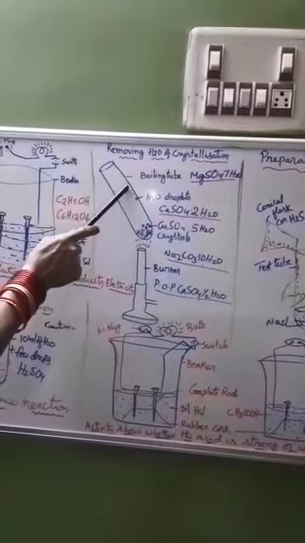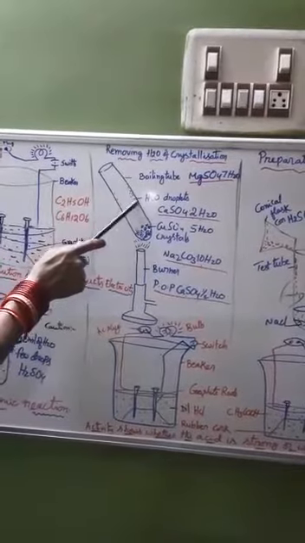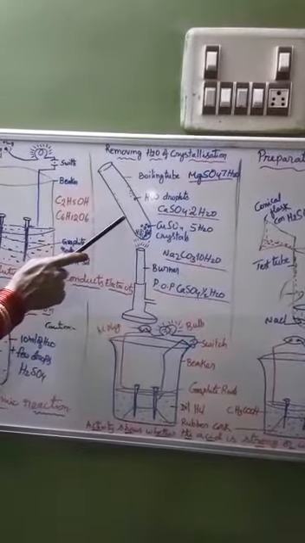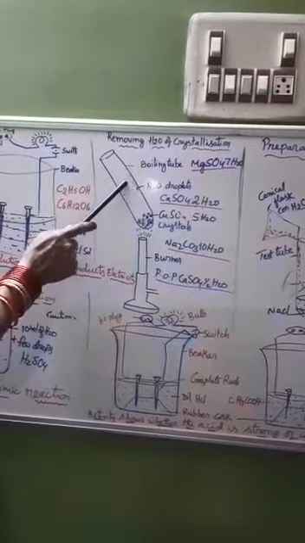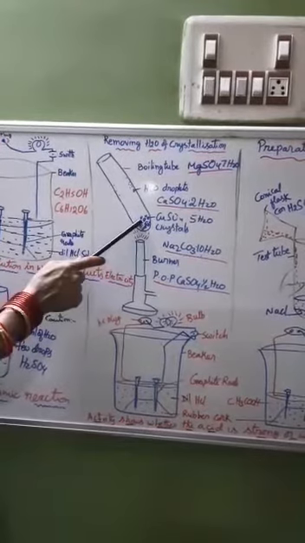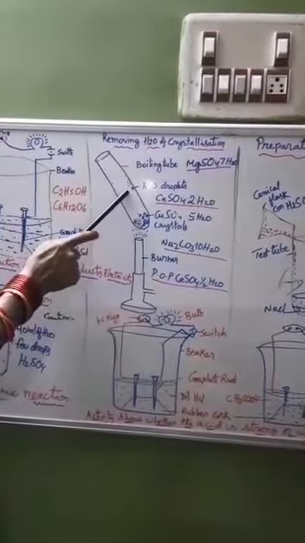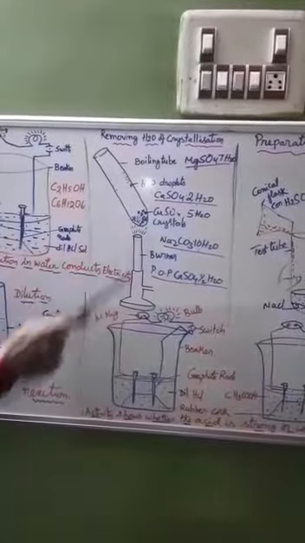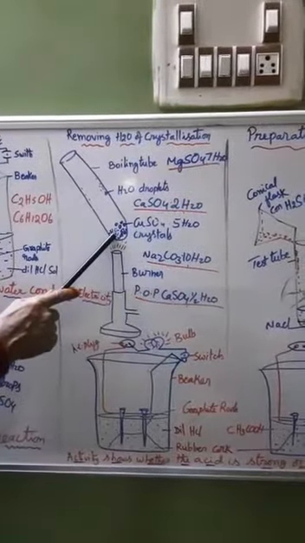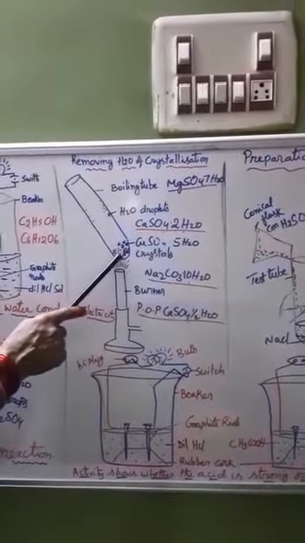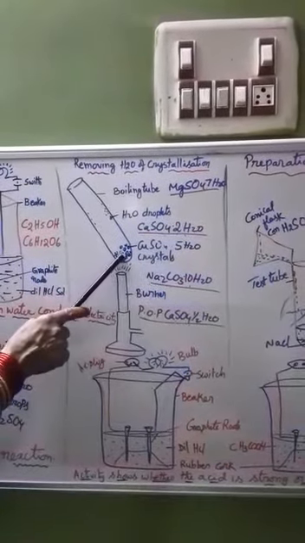If you observe keenly, water droplets will be there on the inner wall of the boiling tube. If you cool it, after a few minutes the white powdery substance changes into blue color again, meaning it absorbs the water and regains its blue color. If you add a few drops of water to the white powdery copper sulfate, it also gains its original blue color.